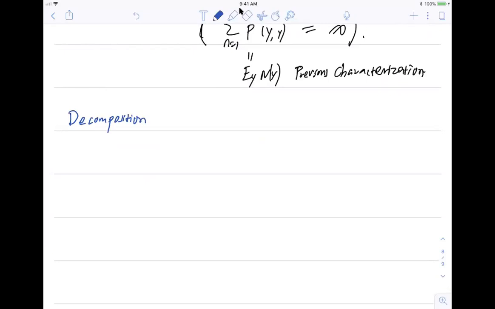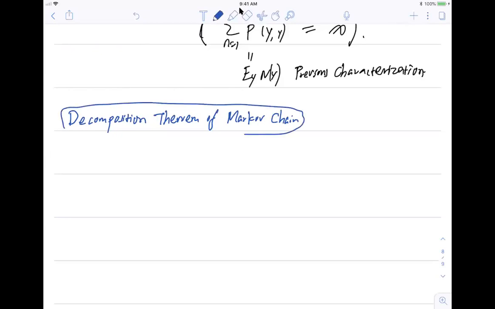So the decomposition theory of Markov chain: if I give you a Markov chain, how can you define all the transient states and all the recurrent states? So this theorem says the following.